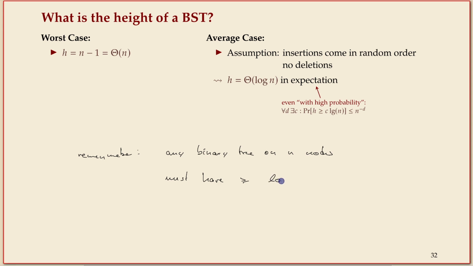Let me stress that here. So in this sense, what we find here as the typical height of a random binary search tree when you insert things randomly is very close to the best possible height. So it's not just okay, it's almost as good as if you perfectly balance everything out.